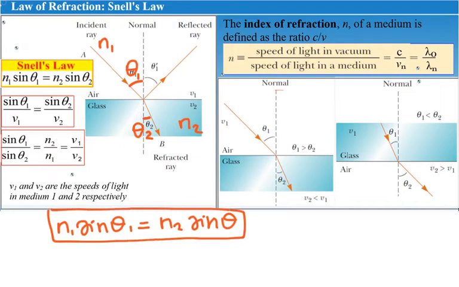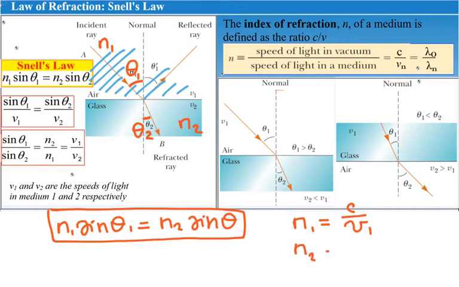But we know that N1 would be C over V1, which is the velocity in the air, and N2 is equal to C over V2, which is the velocity in the water, or glass, in our case glass.